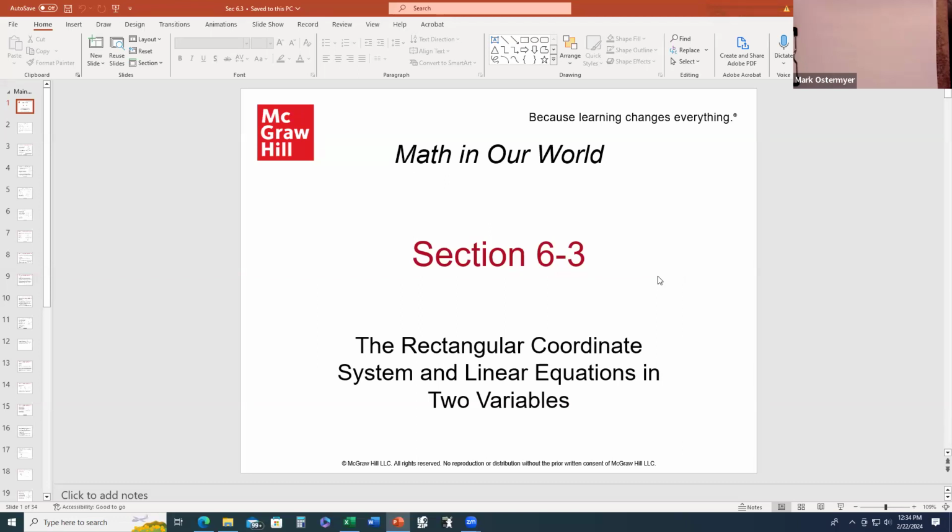We're going to work with linear equations in 2 variables, and we'll show you how to represent all of their ordered pair solutions in the XY plane.